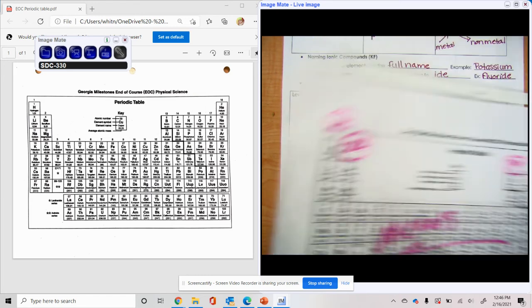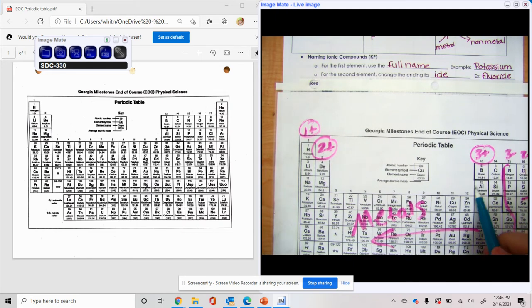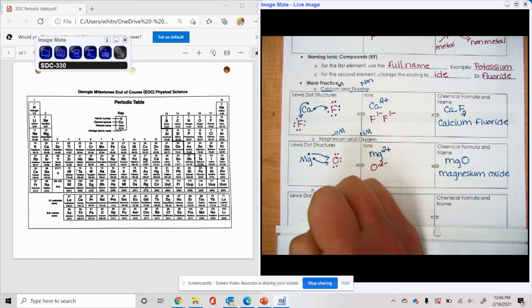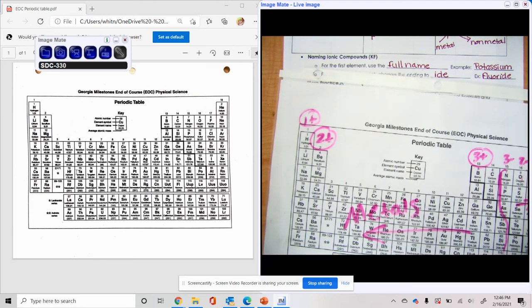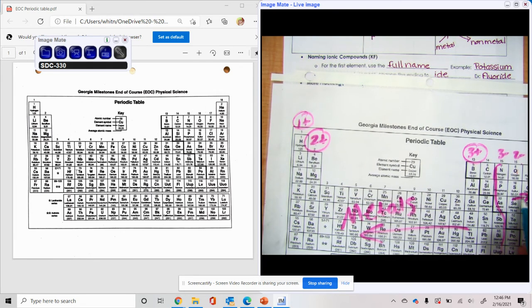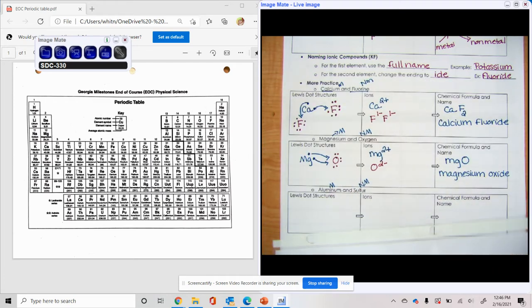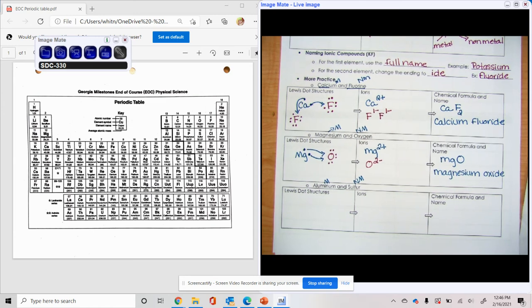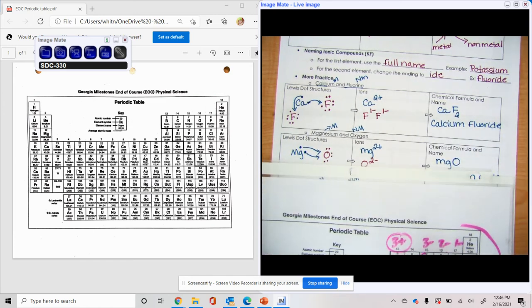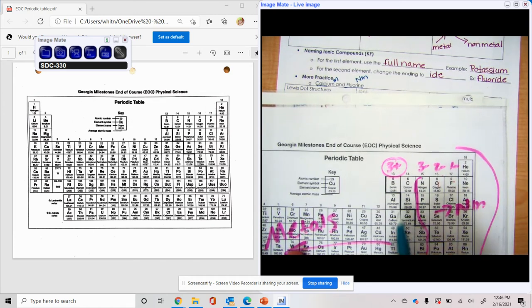Okay, well, let's do one more tricky one. Aluminum and sulfur. So remember, aluminum is a metal. So let's make sure we know that this is a metal. Sulfur to the right is a non-metal. So I'm going to have an ionic bond. How many valence electrons does aluminum have? If we look at our periodic table, it has 3.